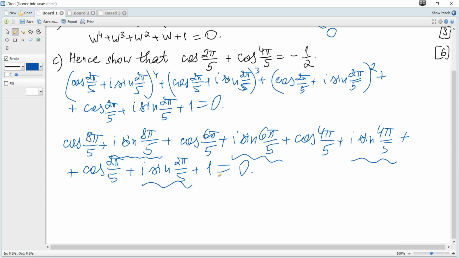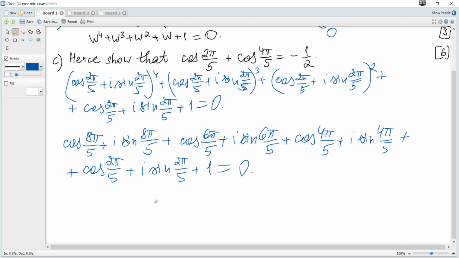We know that if we add or subtract any number of periods, we get the same result for sine or cosine.